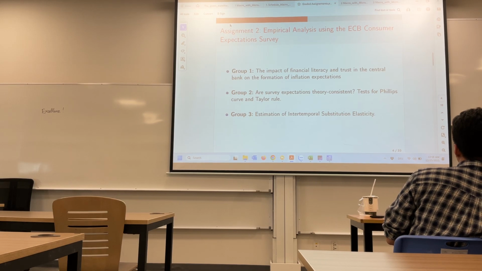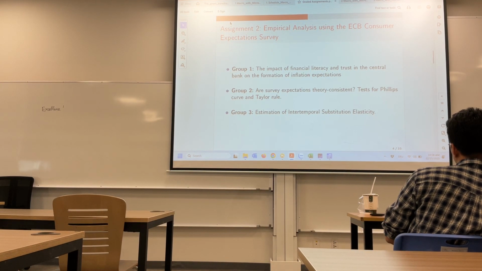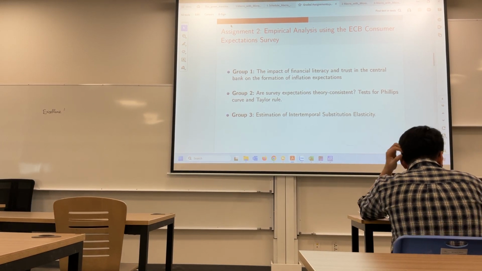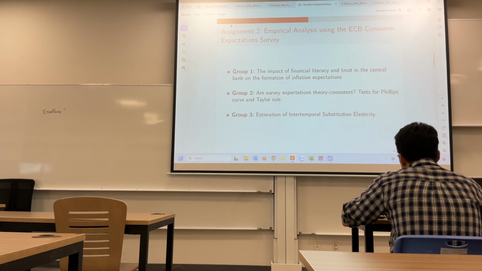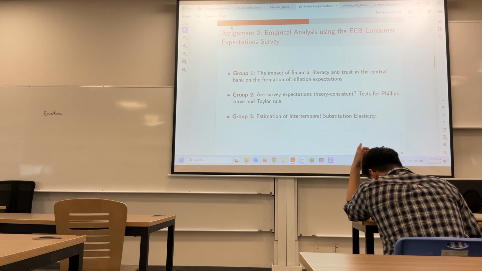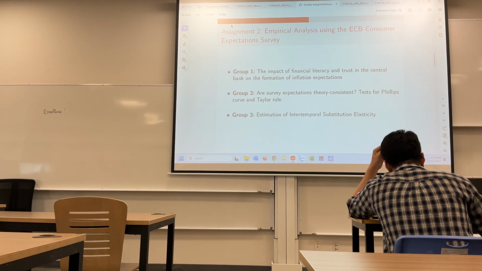And the second group presents whether survey expectations are consistent with theoretical models like the Taylor rule. So again, to the point we just discussed this morning, whether people understand what the Taylor rule is, and based on how they answer the questions about inflation expectation, interest rate expectation, and economic expectation, we test whether they form expectations consistent with the theoretical model.